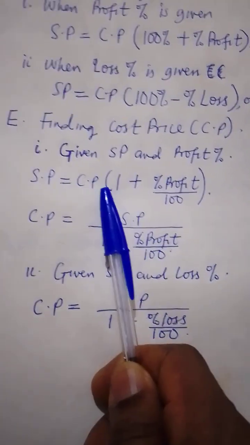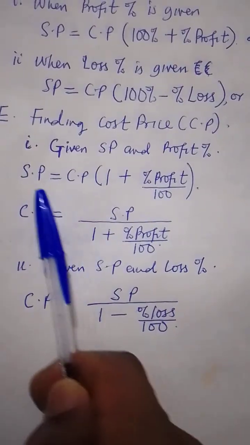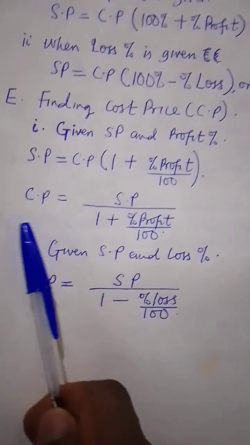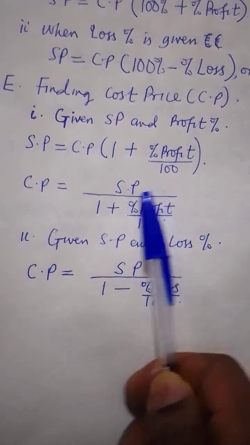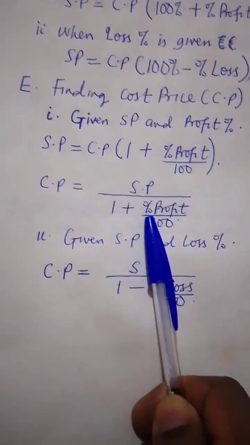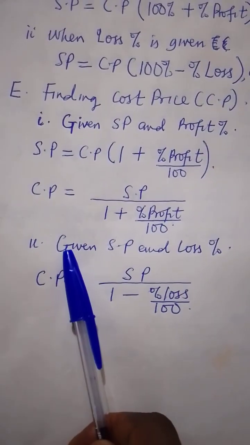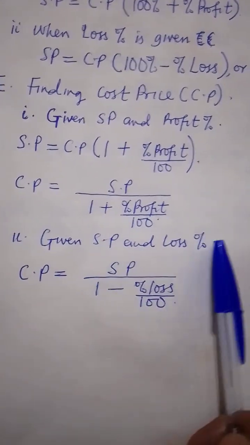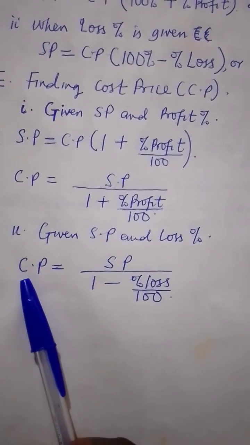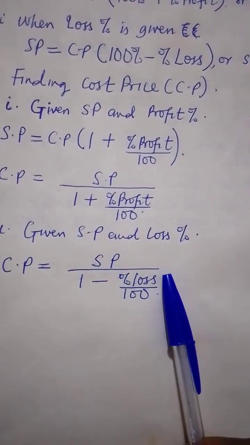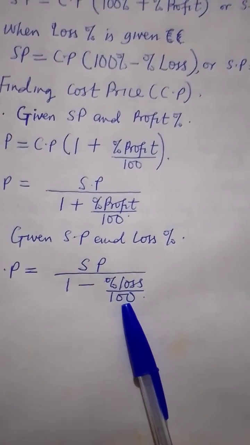That is, these terms here will be used to divide the selling price. So cost price is selling price all over 1 plus percentage profit over 100. Given selling price and loss, your cost price is selling price over 1 minus percentage loss over 100.